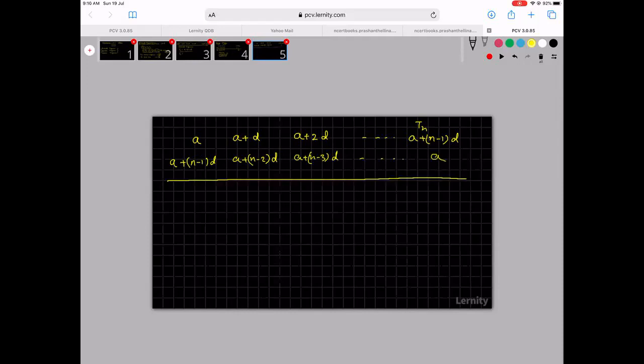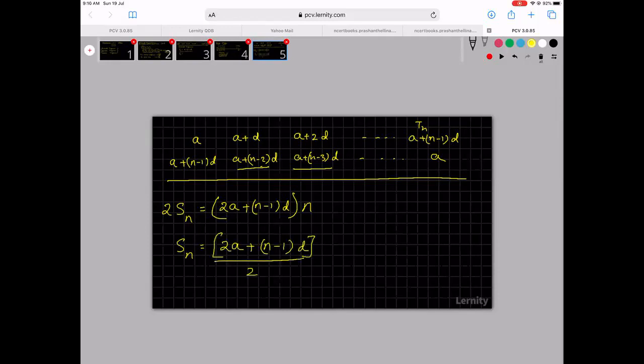And when I add all of them, I see that 2 times the sum of numbers will become equal to 2a plus n minus 1d, and this is 2a plus n minus 1d, 2a plus n minus 1d. So I'll simply multiply it with n. So from there, I will get Sn is equal to n into 2a plus n minus 1 into d whole divided by 2.